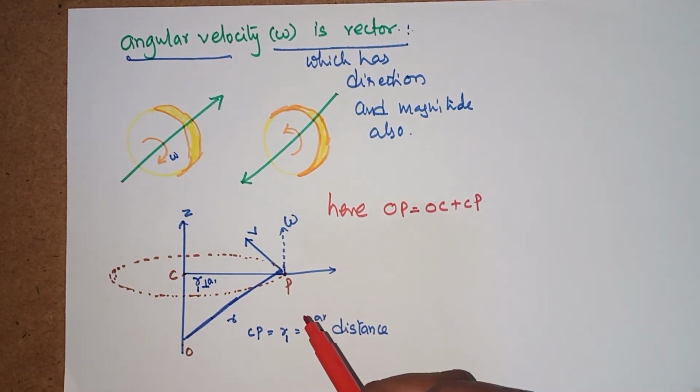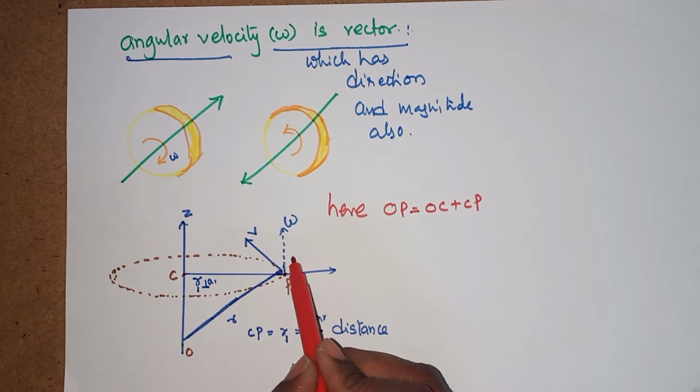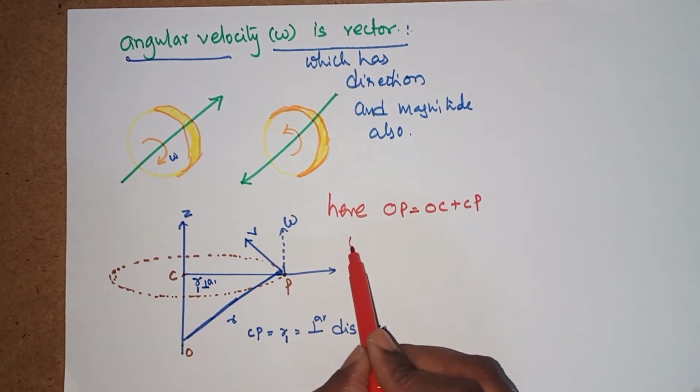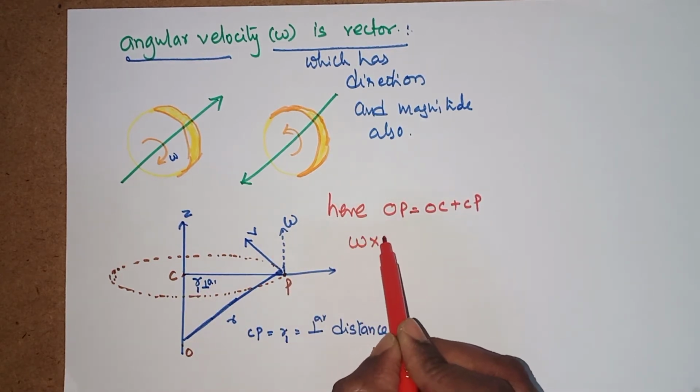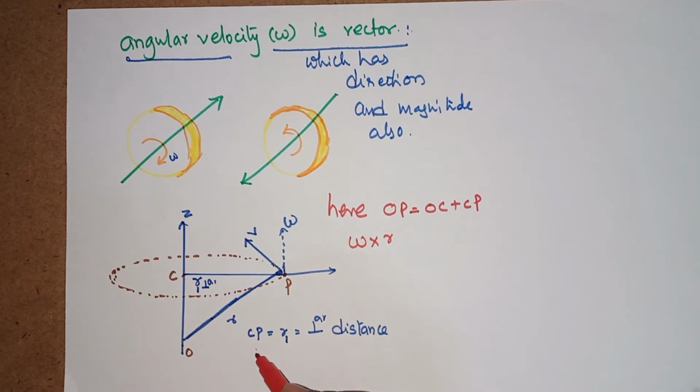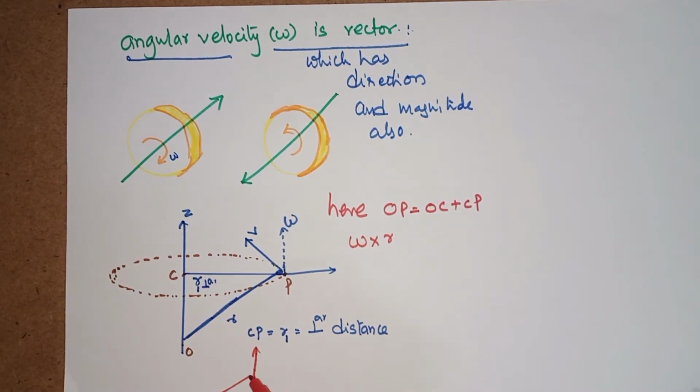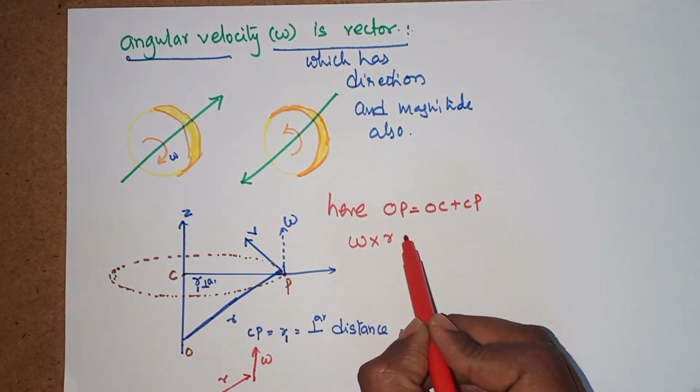Now we will try to calculate omega cross r. Of course, there is an angle. How to calculate omega cross r?